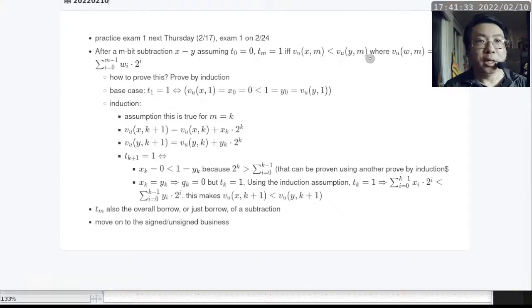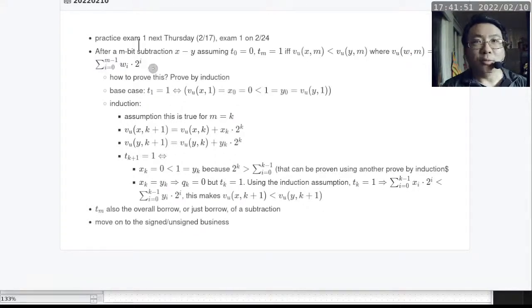Okay. And the definition of VUWM, oh wow, that's a little hard to pronounce. So basically this time, I'm given a bit pattern called W. The way this is calculated is something that you have seen already. This is from base conversion.